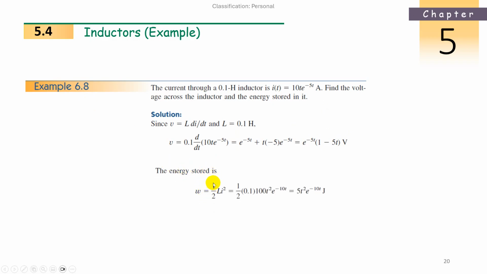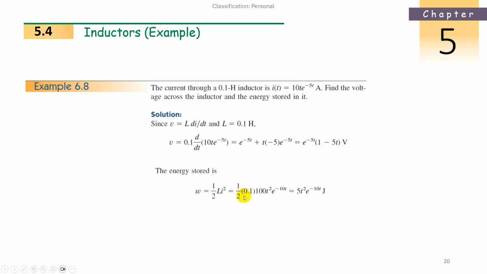Energy stored is nothing but half L i square. So what is half L i square? L we know is 0.1. Half we can keep here. I square. What is i? 10 t e power minus 5t. We can substitute here. 10 square is 100. t square, and e power minus 5t squared, so 5 into 2, 10, so minus 10t.